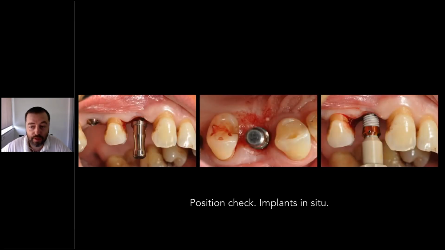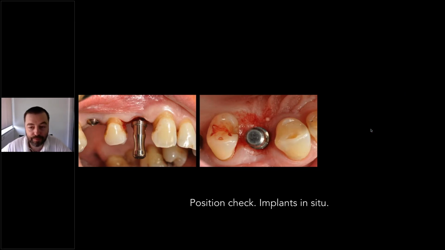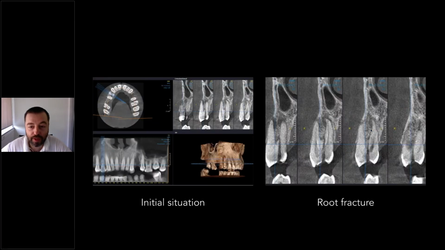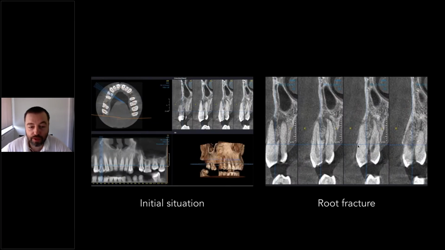This is one of the old cases with 3-octa. Meanwhile, it has changed a little bit in terms of handling. Okay, so this is a case beneath the pictures. There was a root fracture in the initial situation.